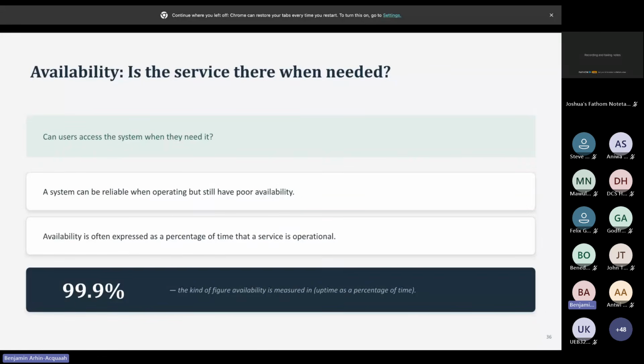If I deploy my system on web and I come to the URL and I see that the system is down or the page doesn't load, that means your system wasn't available for me to use.